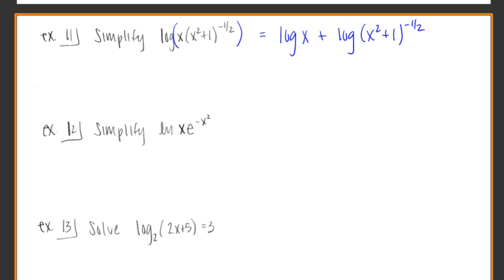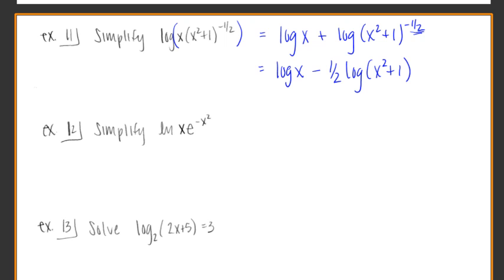From there, log of x, there's not much I can do with that, so it's going to stay log of x. I can take this exponent though and chunk it down front. So instead of a plus a minus 1/2, let's just go minus 1/2 log of x squared plus 1. And that right there is all that I can possibly do. So that would be the answer for that one.